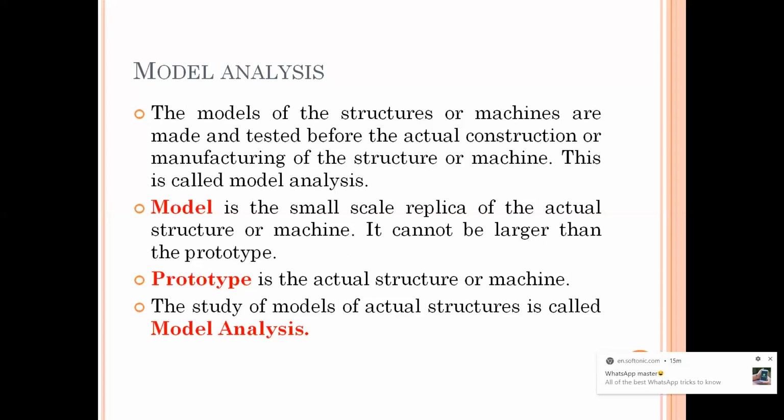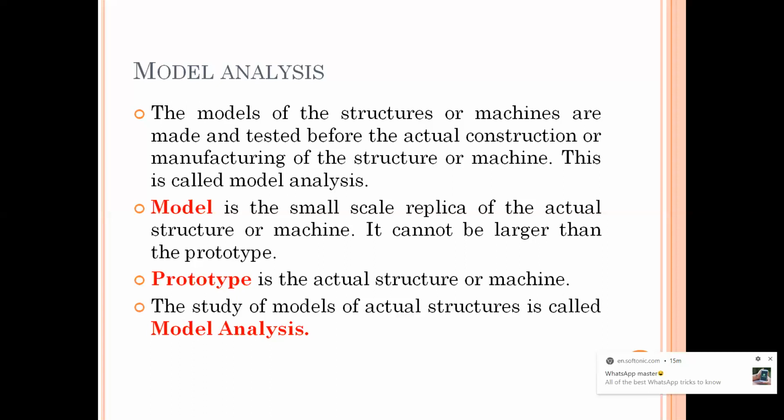A prototype has almost the same functionalities, but it is still under consideration. It is not yet fully developed. The prototype is made, and then you improve the functionalities once it's constructed. Once it's all set, then you call it the actual machine or structure.